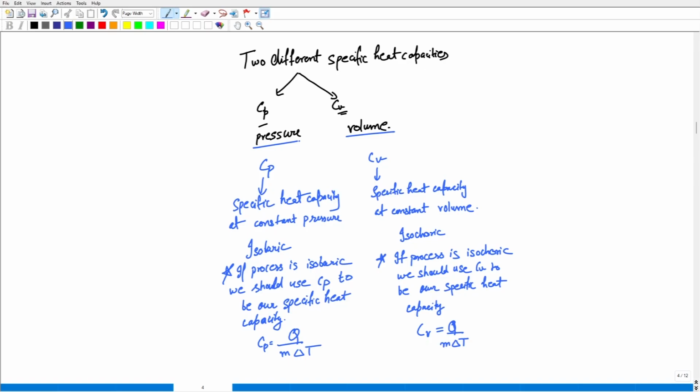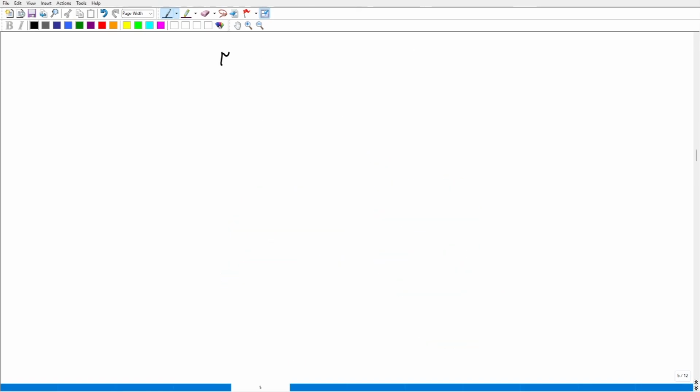Okay, so let's look at molar specific heat capacity. As the name suggests, it is molar.